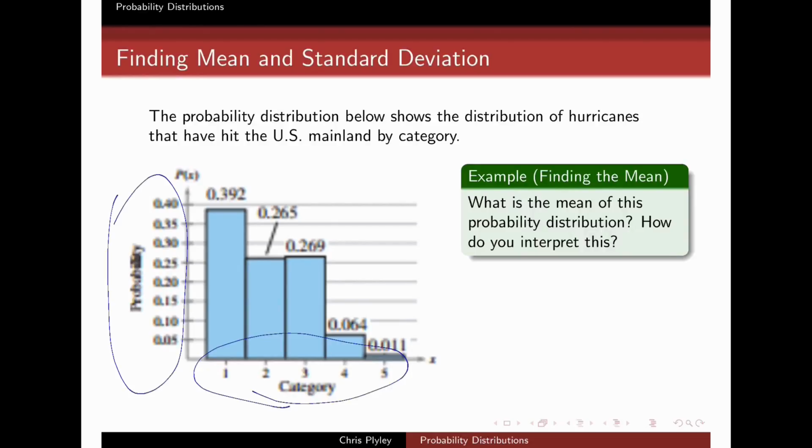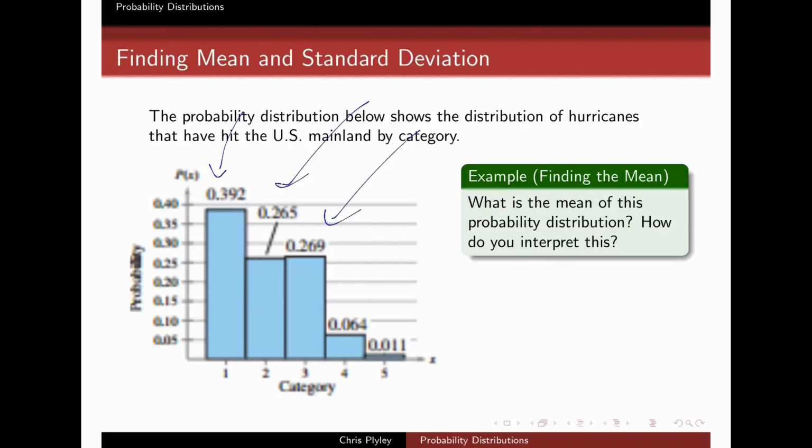So the likelihood of getting a category 1 hurricane is about 39%, meaning 39% of all hurricanes tend to be category 1, 26% category 2, 27% category 3, 6% category 4, and only 1% chance of getting category 5.